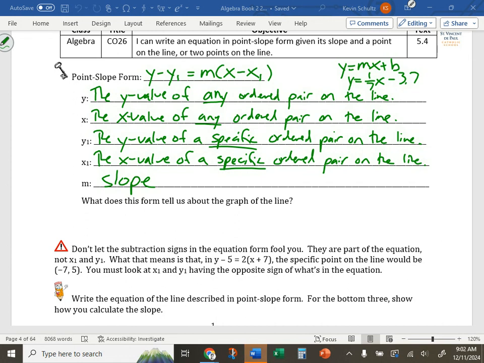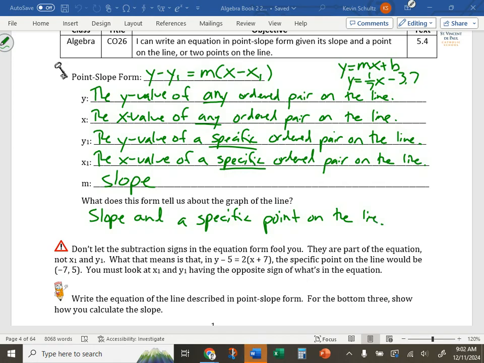And what does this form tell us about the graph of the line? Well, it gives us the slope and a specific point on the line.